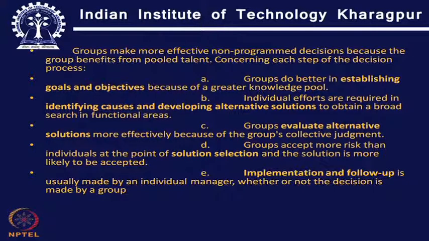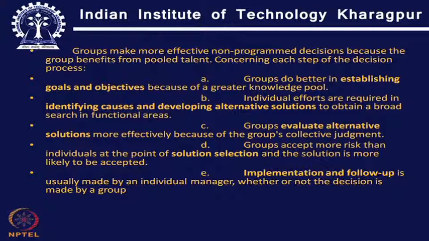Groups do better in establishing goals and objectives because of a greater knowledge pool. Individual efforts are required in identifying causes and developing alternate solutions to a broad problem, the searching functions. Groups evaluate alternative solutions more effectively because of the group's collective judgment. Groups accept more risk than individuals at the point of solution selection.